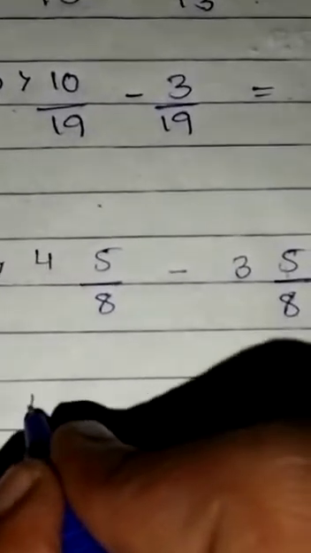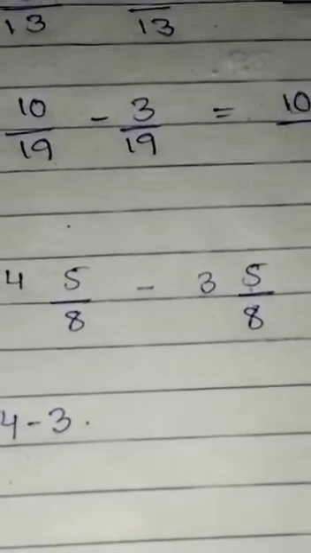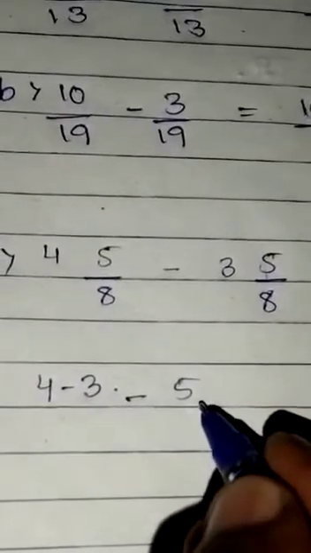We separate the whole number part first, 4 minus 3. Then we subtract the fraction part, 5 divided by 8 minus 5 divided by 8.